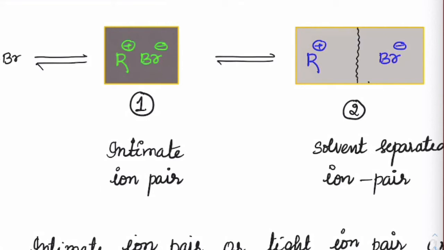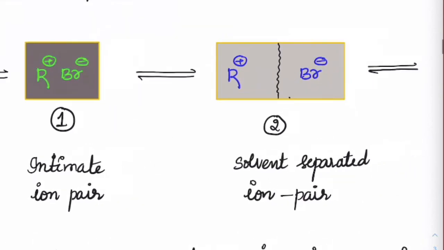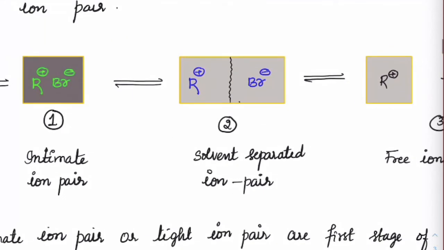So first we will have an intimate ion pair. This is the first stage of breaking of bond, okay? So first it will form an intimate ion pair. Now slowly, as more solvent particles get involved, more bonding starts involving in it, so they will start to separate completely.